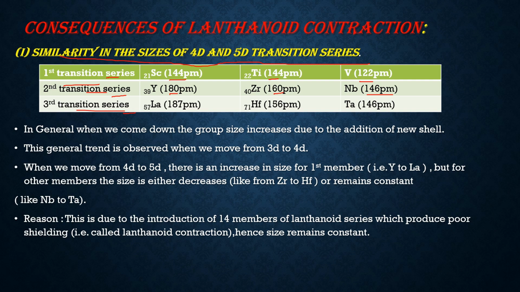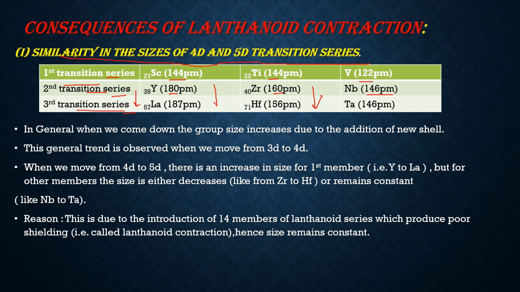Now when we come from second series to third series, from yttrium to lanthanum, there is increase in size as usual. But when we come from zirconium to hafnium, the size decreases instead of increasing. Now what is the reason?